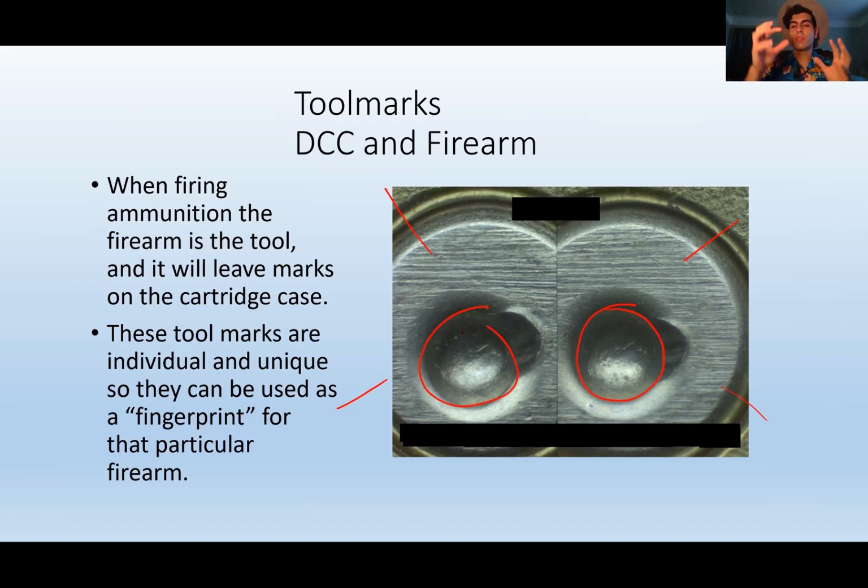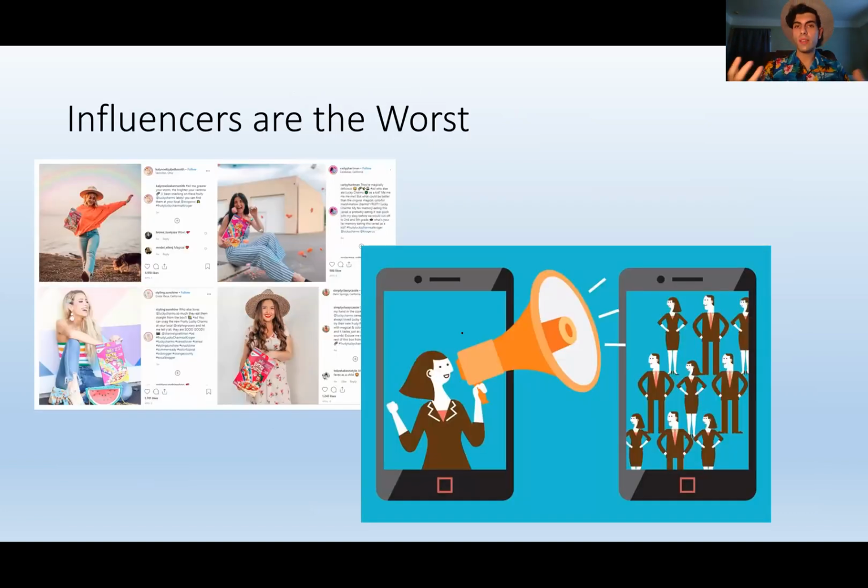So think of the striations on the bullet as striated marks, and think of the breech face impressions as impression marks. So why is this like the awful, god-awful influencer culture that seems to be popular nowadays? Well, think of influencers. They're people that simply have no job. I stand by that statement.